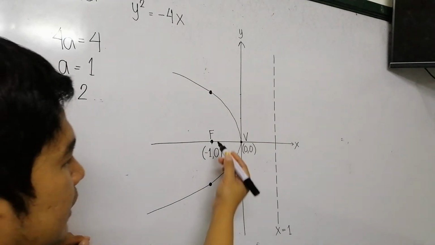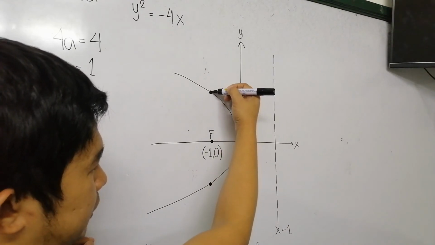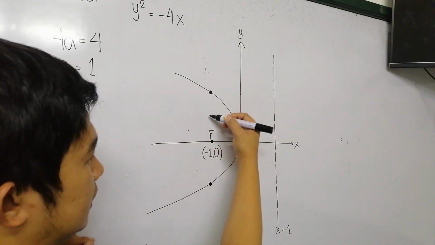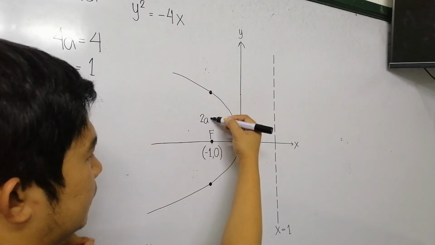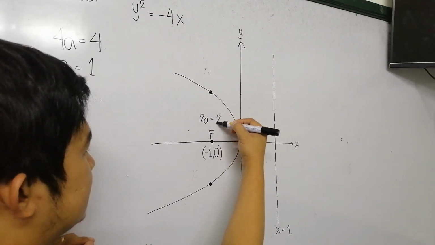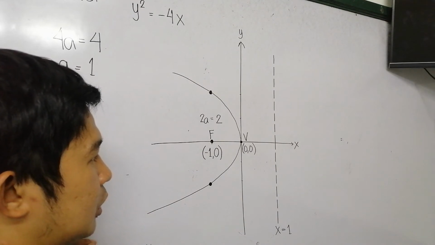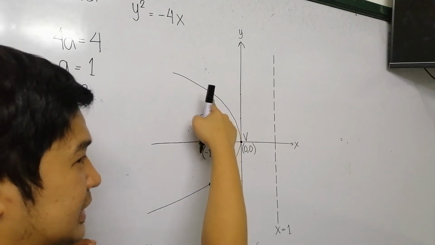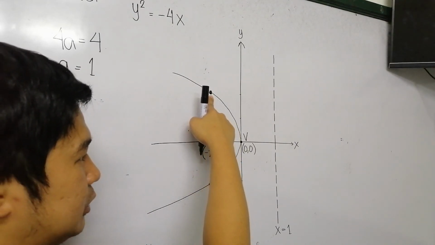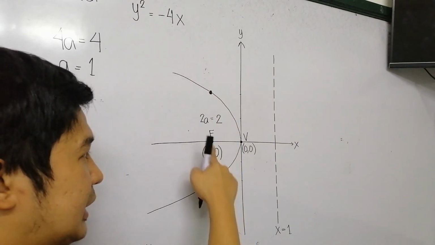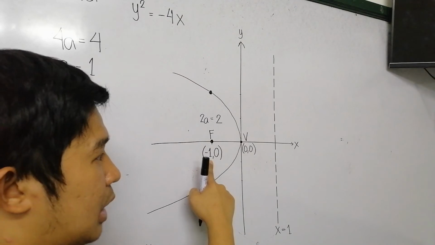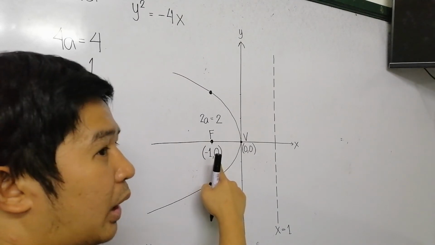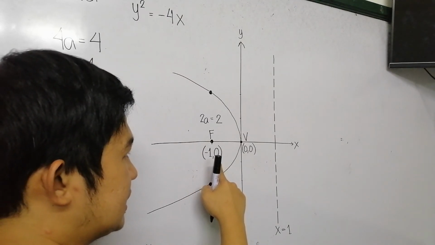Now, from focus up to this endpoint of the latus rectum, take note that the distance between these 2 points is 2a, which in this case is equivalent to 2. So from the focus up to this endpoint of the latus rectum, the movement is vertically upward. So from the coordinates of our focus, only its y coordinate will change.